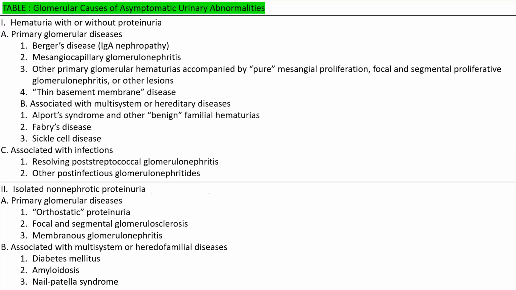This is the table of glomerular causes of asymptomatic urinary abnormalities. Write the heading of the table. Finish writing the heading: glomerular causes of asymptomatic urinary abnormalities. Write it down.